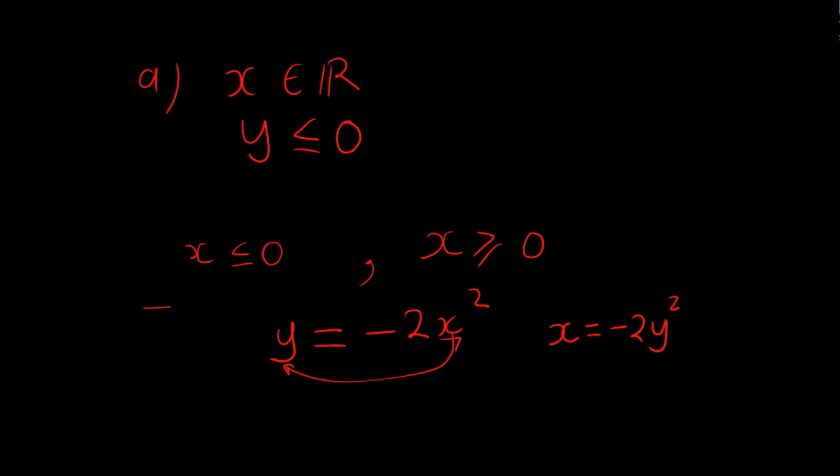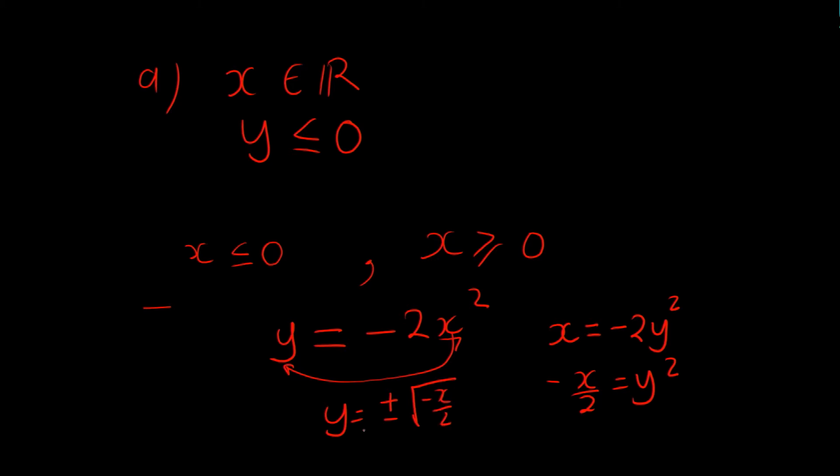The next step is to solve for y. So I divide both sides of the equation by minus 2, so I get negative x over 2 is equal to y squared. And then I take the square root on both sides, so y is equal to plus or minus the square root of negative x over 2.